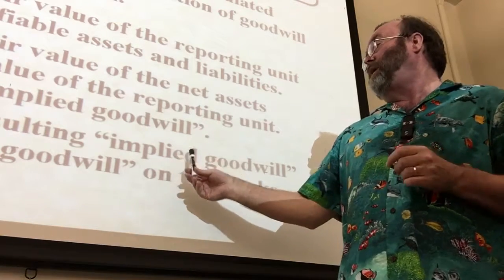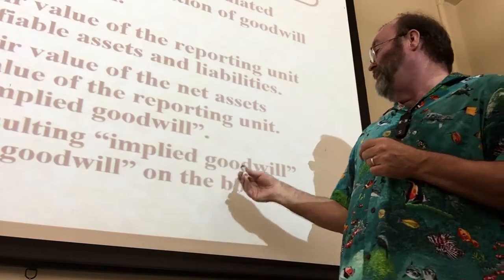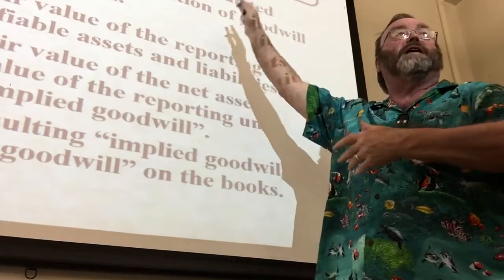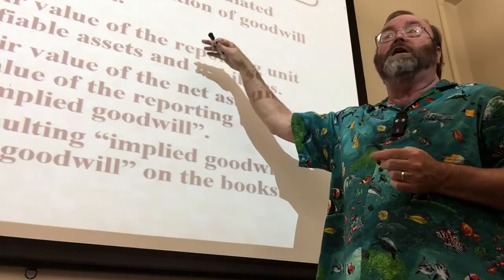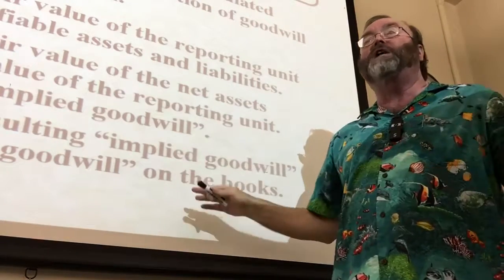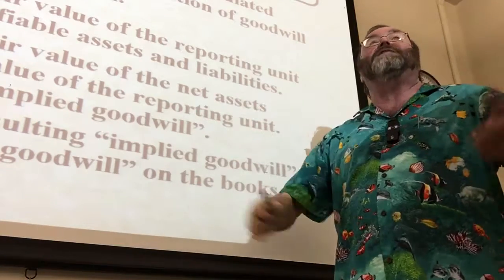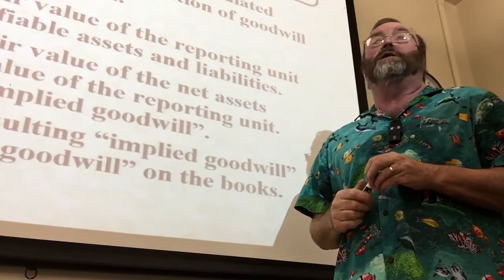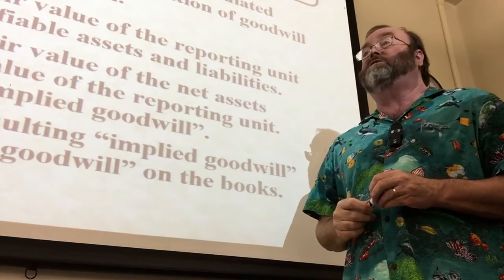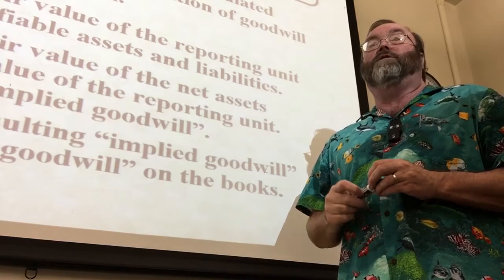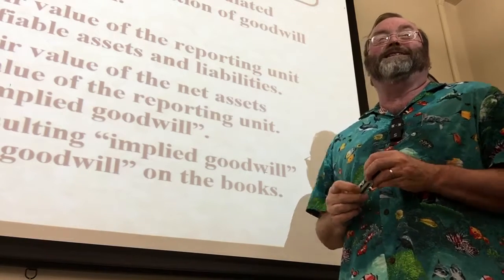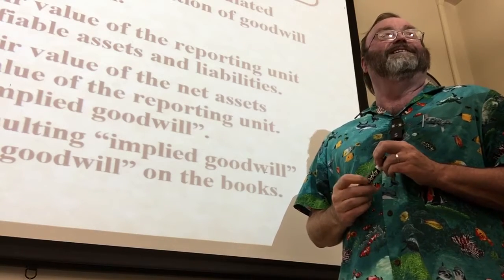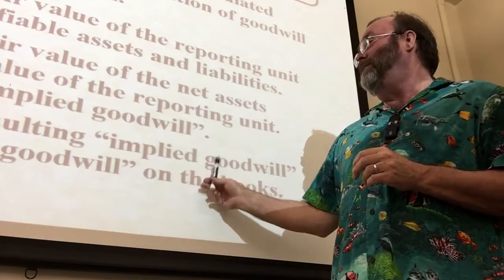And then if the implied goodwill is less than the recorded goodwill, in other words, in that same example for parent and sun, if you came out the bottom, when you got all done with this, at a $60,000 goodwill calculation, rather than the $80,000 goodwill calculation, you've got a $20,000 impairment loss for each and every subsidiary that you've got goodwill booked on. Yeah, this would drive you to drink.